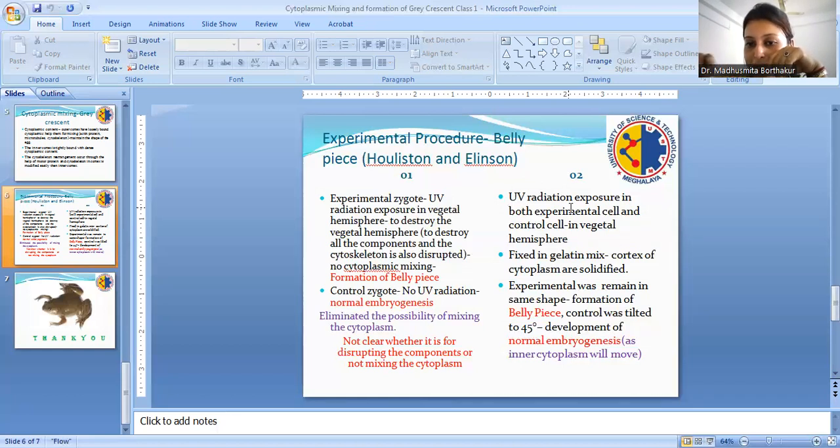If the morphogenetic component were responsible for proper embryogenesis, then both should have developed, experimental also, control also. But what we found was that it was the tilting. Tilting led to the formation of proper normal embryogenesis. So from this experiment, they confirmed that cytoplasmic mixing is quite important for normal embryogenesis.